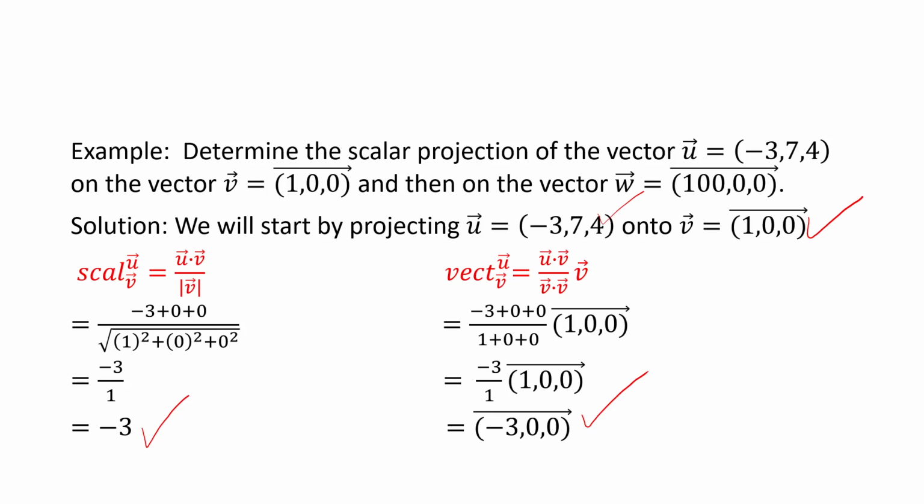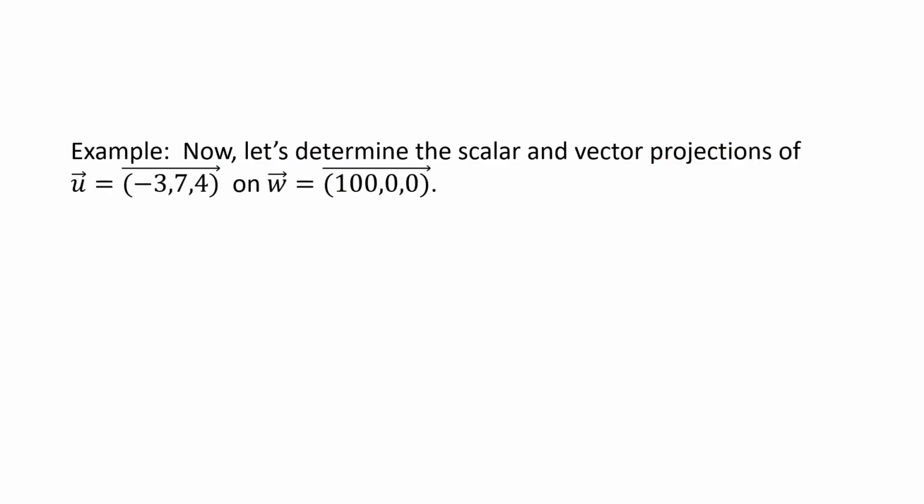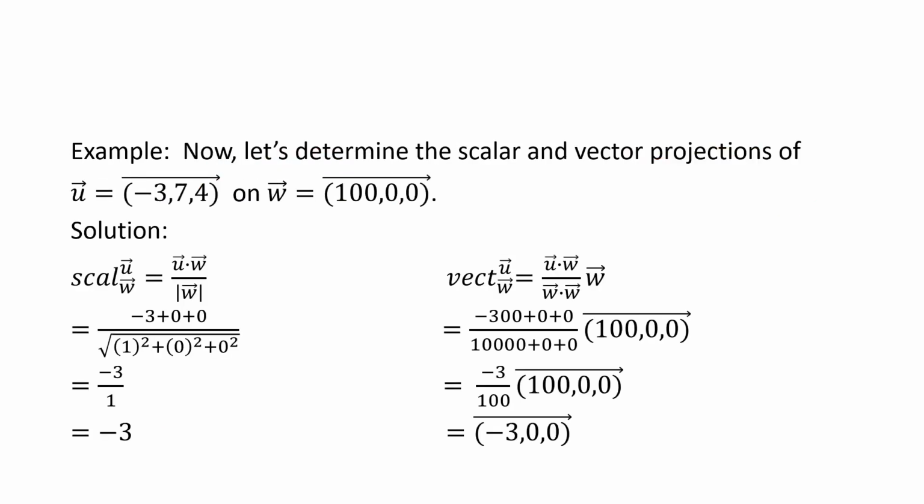Now, instead of projecting onto i, what if we project onto 100, 0, 0? We'll still get the same answers, believe it or not. If we determine the scalar projection of this vector -3, 7, 4 onto 100, 0, 0, we'll get -3.